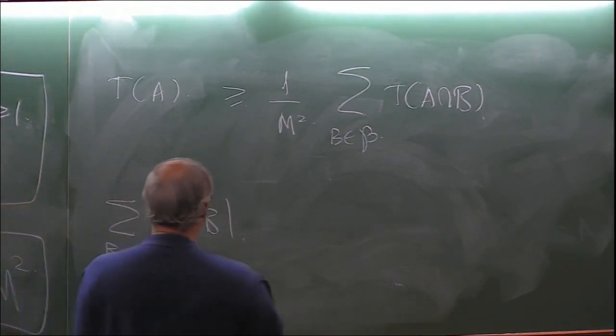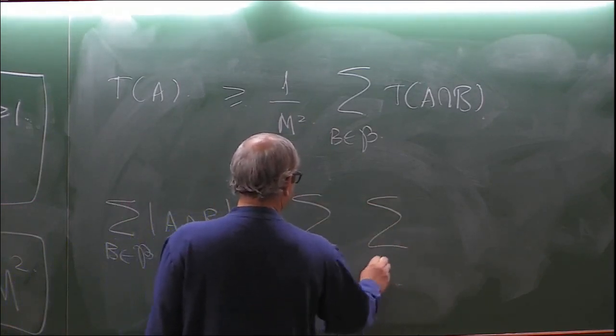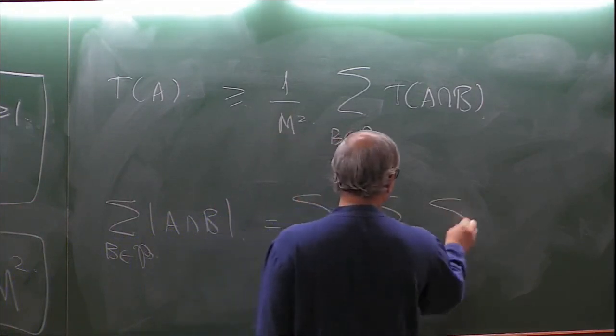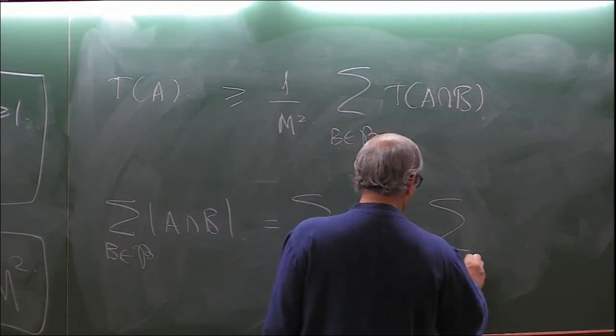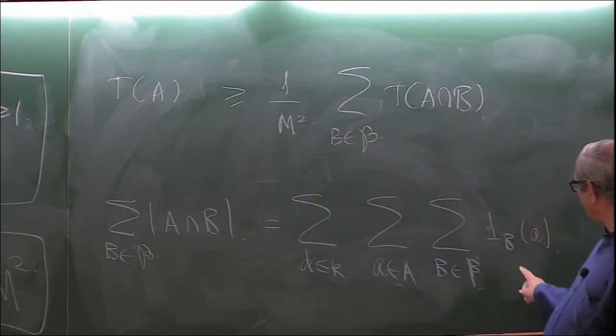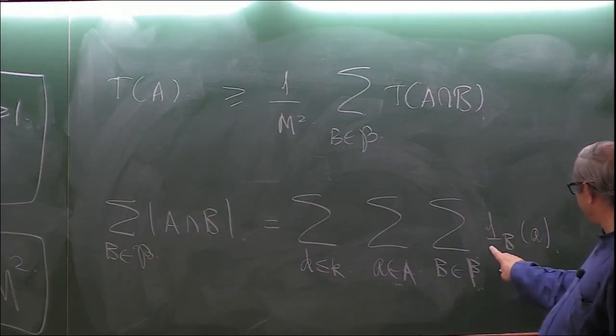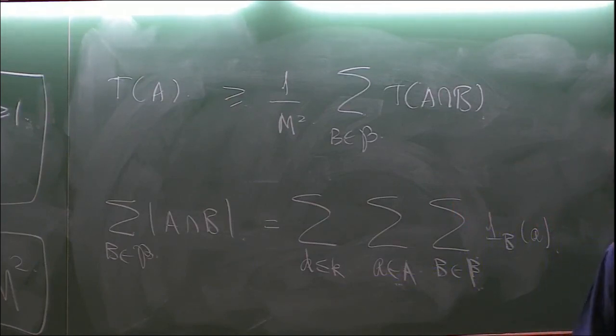So this cardinality is equal to the sum over D less than or equal to K, A in A, the sum over B in the family B of 1_B(A). So B varies over the family B, 1_B is the characteristic function of B, A over A, and D less than or equal to K, because the family that we were considering consisted of all M-term arithmetic progressions with common difference less than or equal to K. Right?